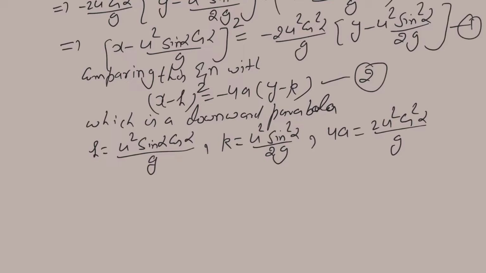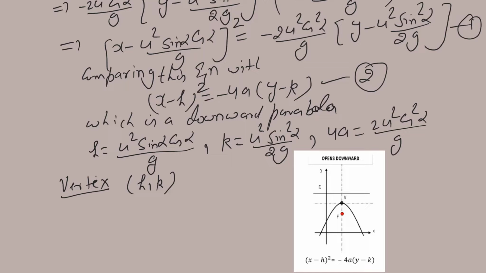So this is downward parabola, and this parabola has vertex at h comma k. So I am discussing vertex, something about the parabola too in general. The figure of the parabola is given by, this is the parabola and this is the vertex, and it has coordinate h comma k.